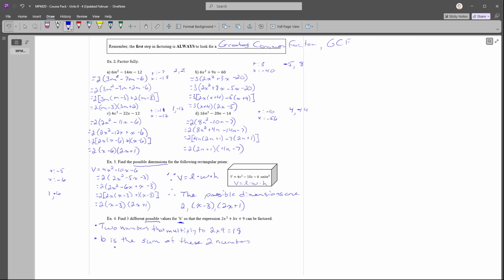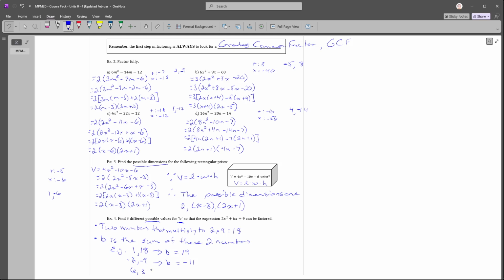Okay, so let's do a couple examples. What 2 numbers multiply to 18? Well, obviously 1 and 18 do. So that implies that b could be 19. What else we got? Let's throw a negative in there. We could have -2 and -9. That would imply that b is going to be -2 plus -9, that's -11. And let's do another positive one.